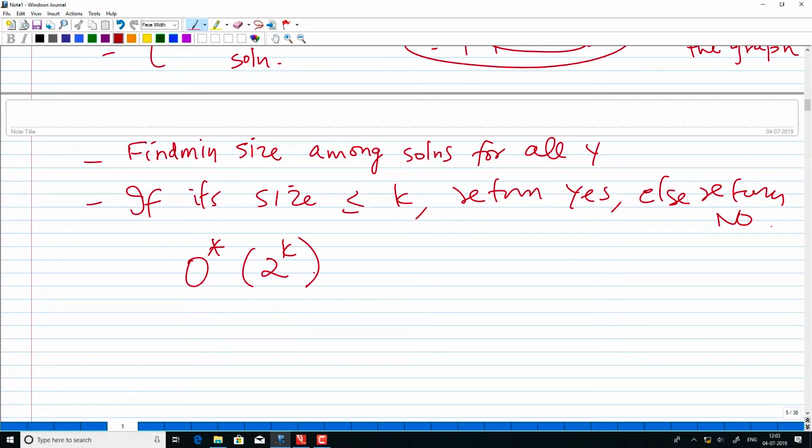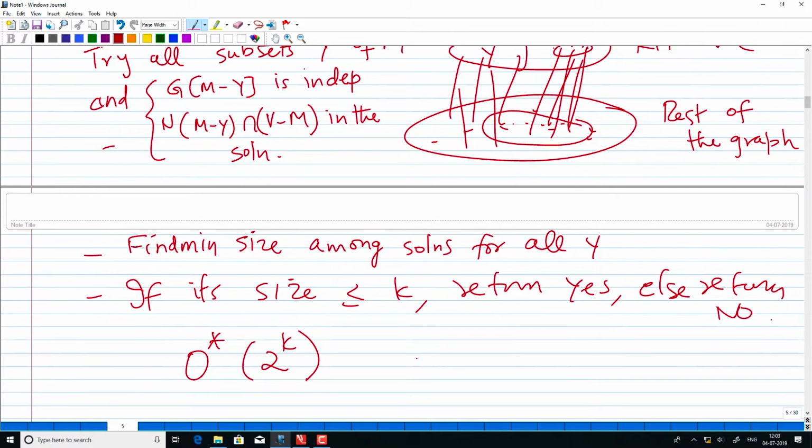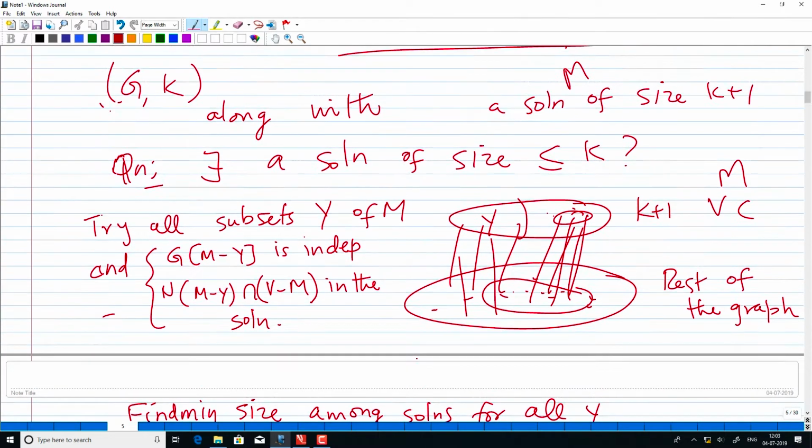In the first step, we are finding for all y. And then second, if its size is less than or equal, we should add neighbors also. Neighbors of m minus y. Yeah, that's what we are doing. Okay, so let me be more precise, I'm just doing some hand waving.